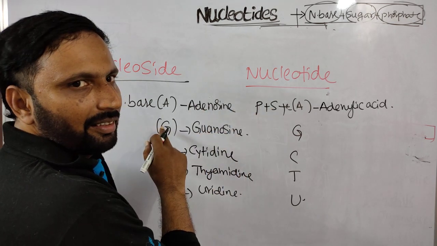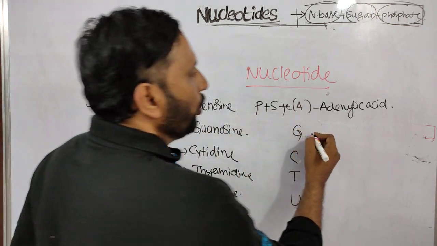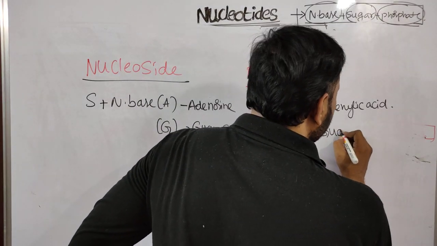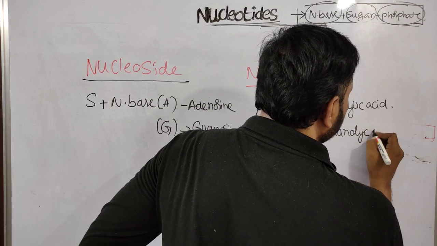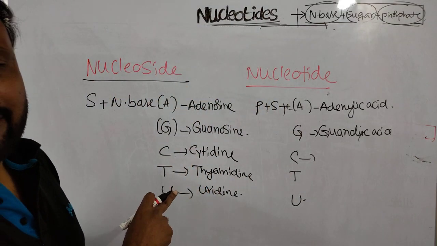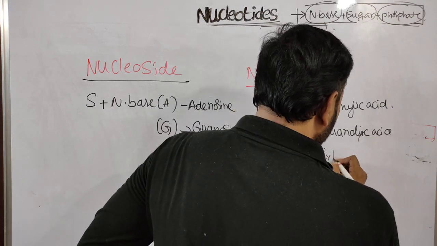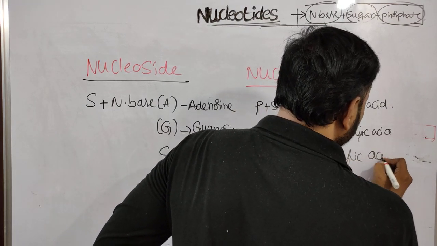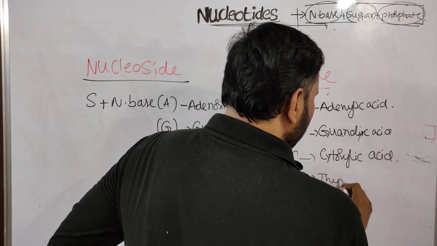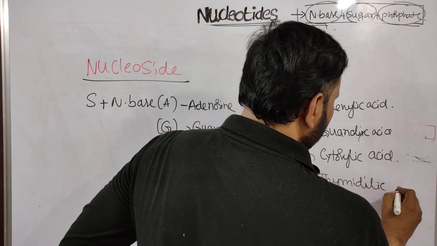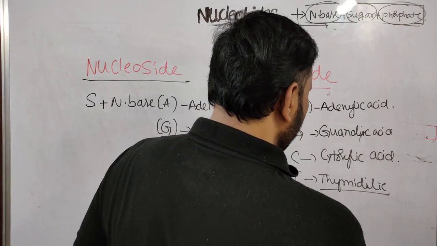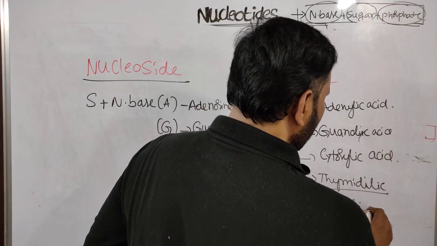Similarly, guanosine with phosphate is called guanylic acid. Cytidine with phosphate is called cytidylic acid. Thymidine with phosphate is called thymidylic acid. Uridine with phosphate is called uridylic acid.